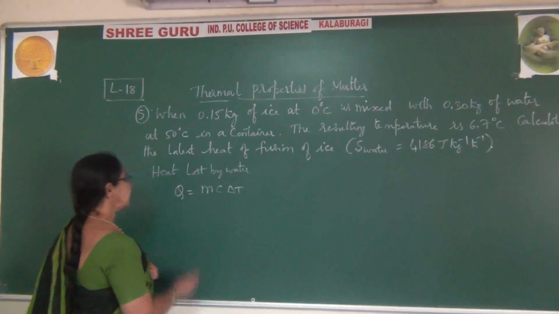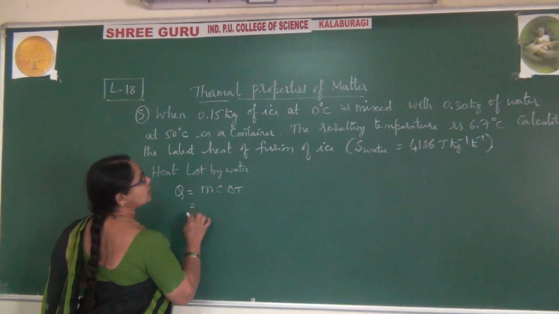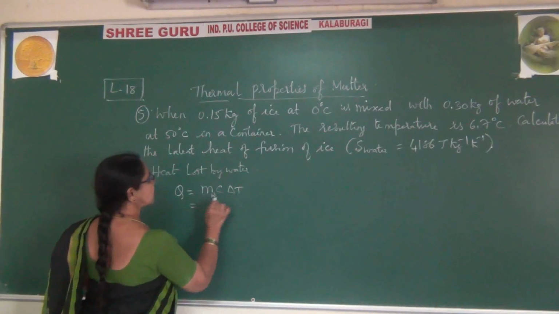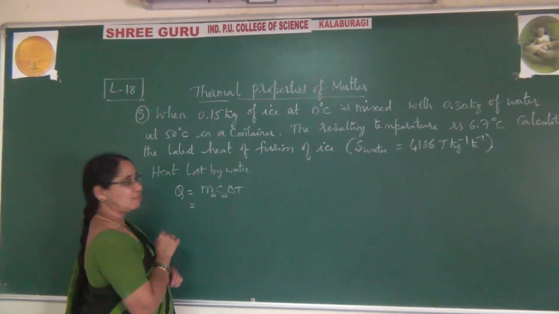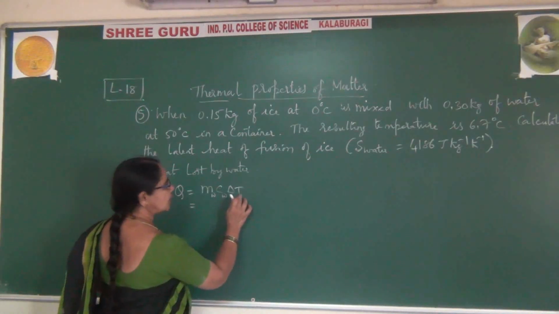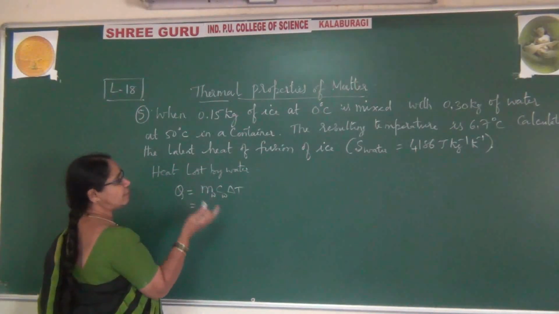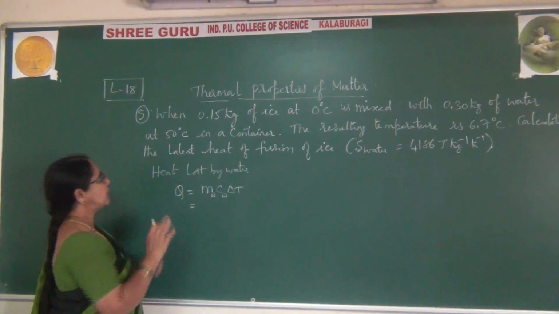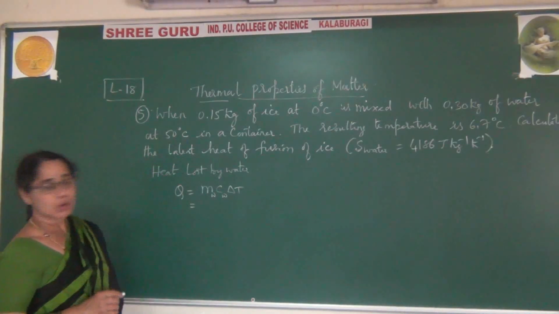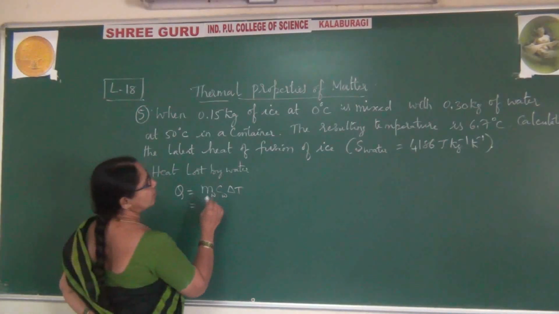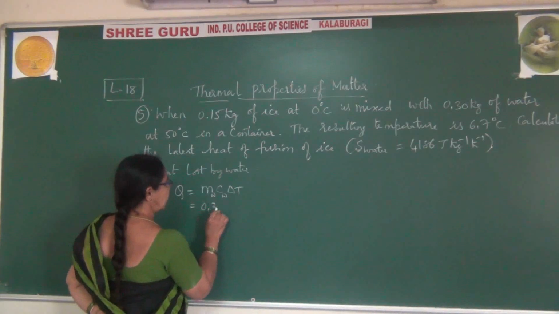So m is the mass of water, c is the specific heat capacity of water, and delta T is the temperature difference between the initial temperature of the water and the resulting temperature. The mass is 0.30 kg.